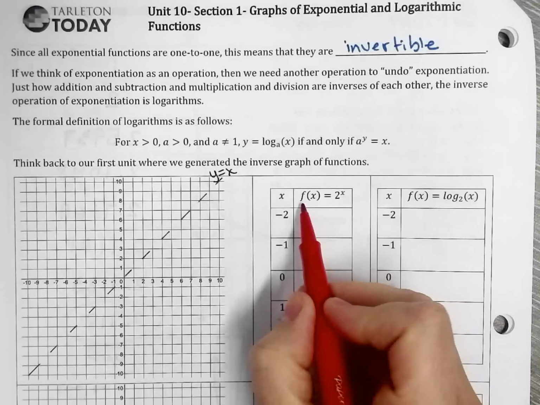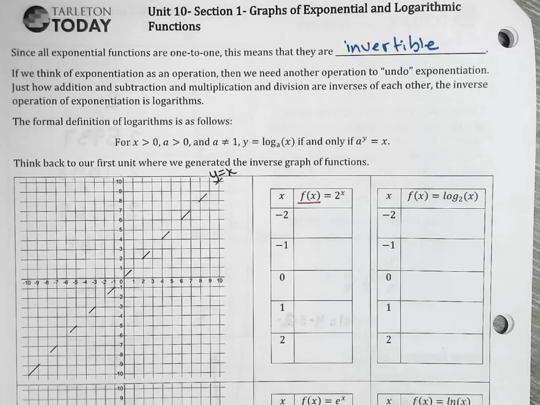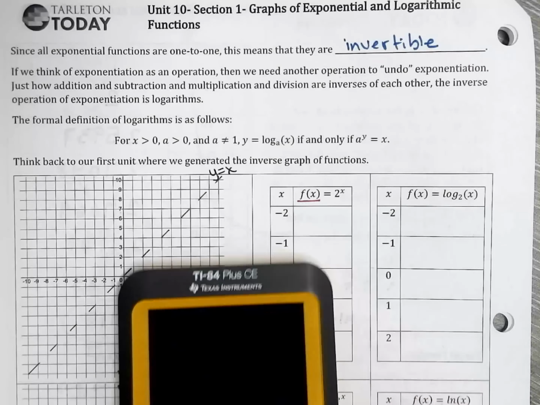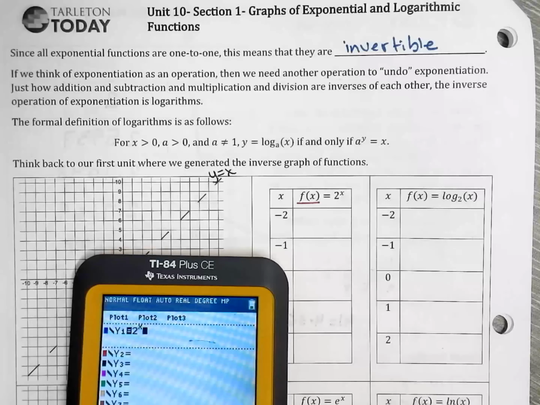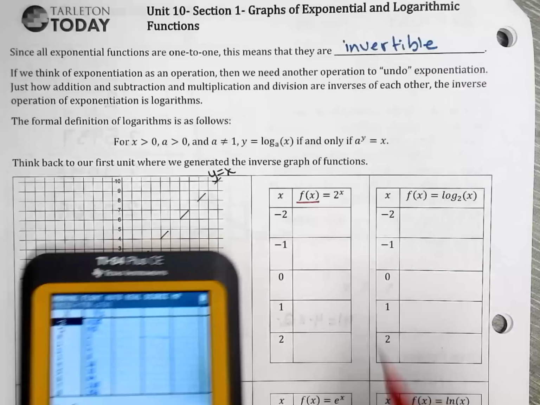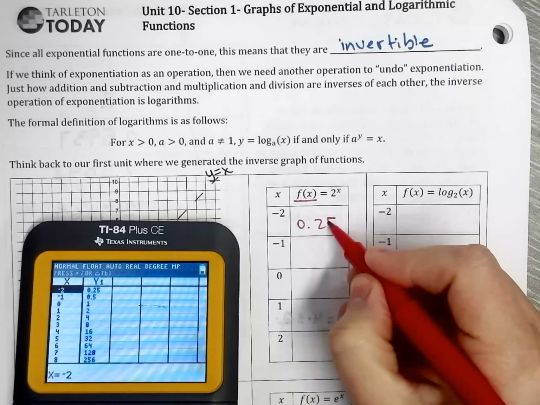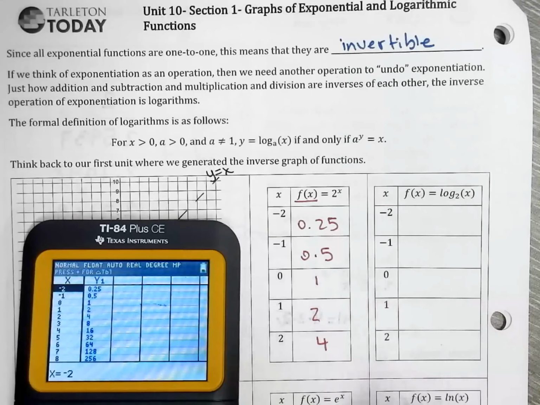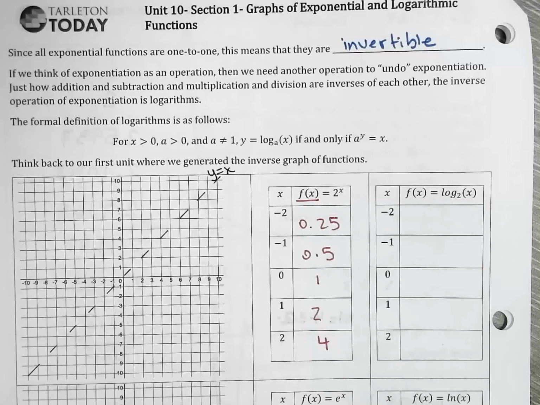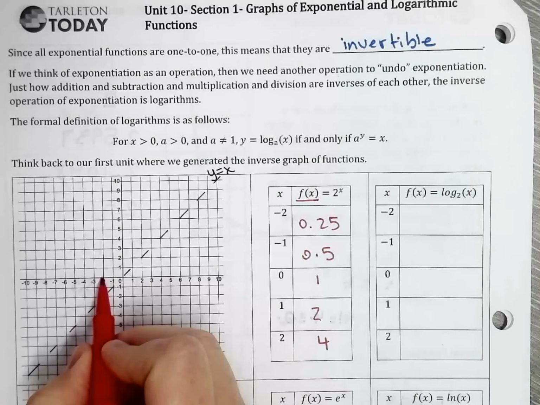Okay, off we go. I will use red for this function right here. I will start by plugging that function in y equals so I can make the table. Let's plot that.